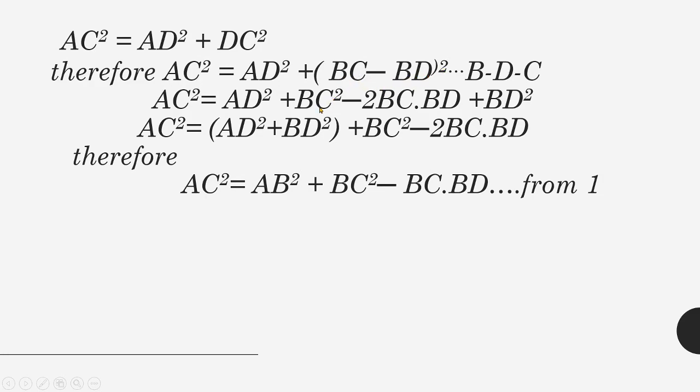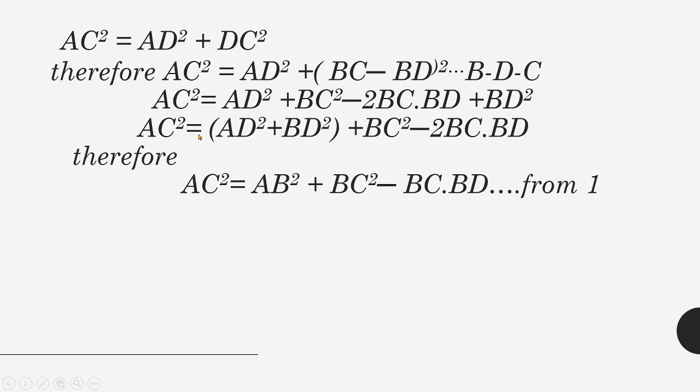First take BC square, minus 2 into BC into BD, plus BD square. So AC square is equal to AD square plus BC square minus twice BC into BD plus BD square.